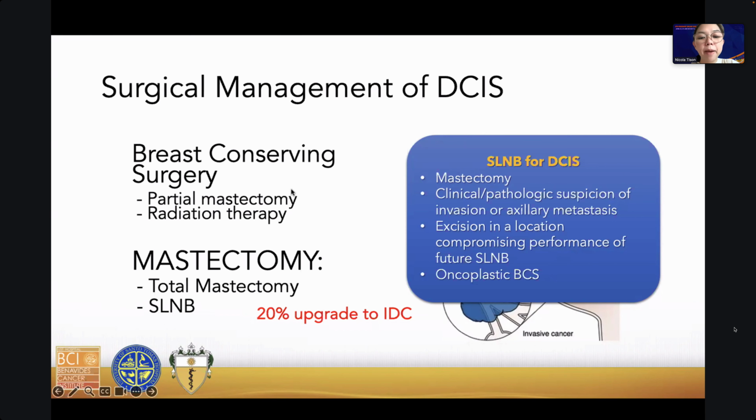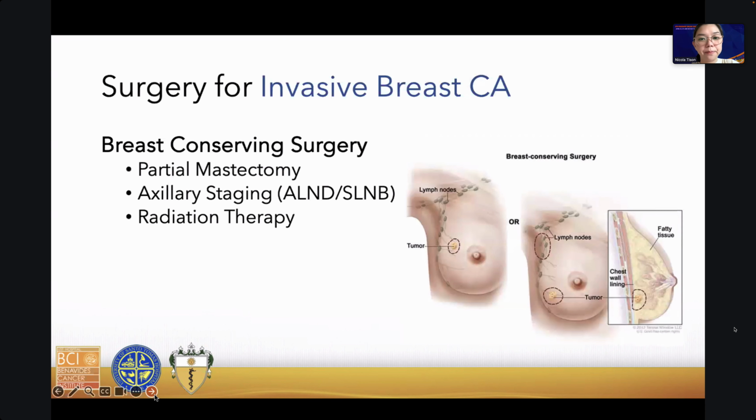If our lumpectomy would be in a location compromising future performance of SLNB, such as periareolar area or the upper outer quadrant, or if you're doing oncoplastic breast conserving surgery, then we may consider doing sentinel lymph node biopsy. But in general, if we're just doing a lumpectomy, usually we do not do any axillary staging.